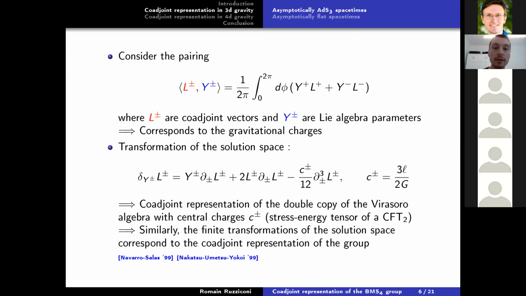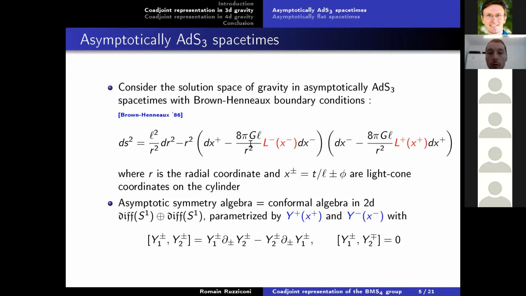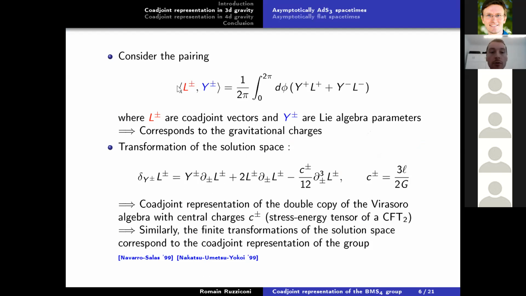So now for this asymptotic symmetry algebra, you can define a pairing in the following way. So you have one entry for the element of the algebra. So these Y plus and Y minus are parameterizing your asymptotic symmetry algebra. And the other entry here is for the elements of the dual of the algebra.